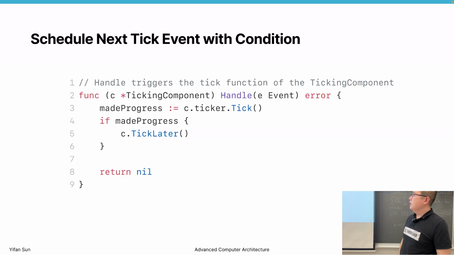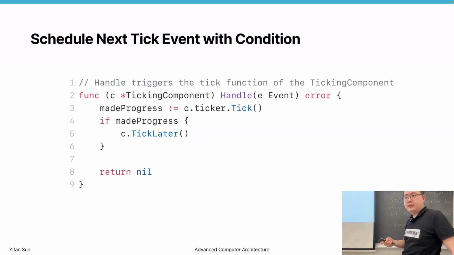Okay? So in this case, we can rewrite a ticking component handle function in this simple way. There are only 2.5 more lines in this code. The made progress part is new. So this tick function needs to tell me if progress is made or not.